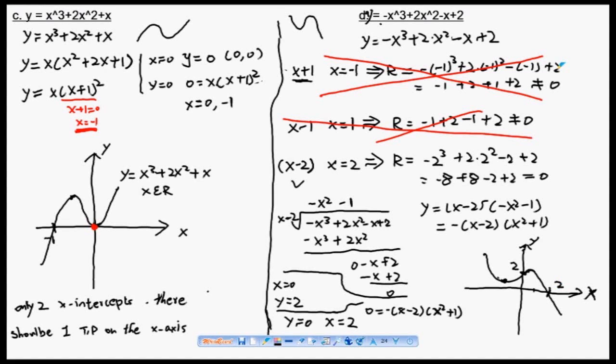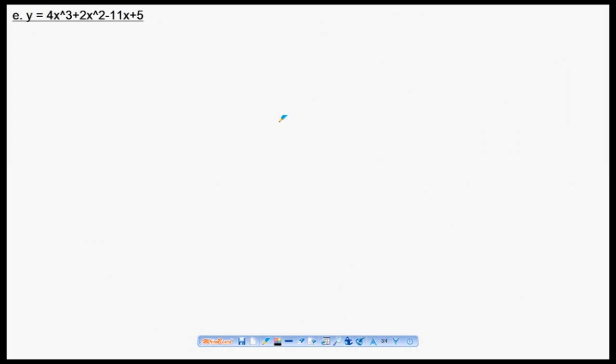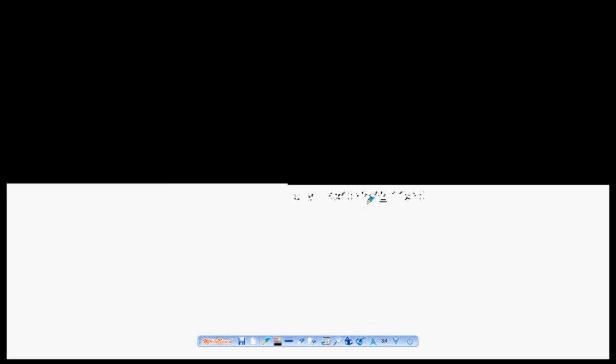But for the math you are learning now, this graph is acceptable. In your year 12 exam, you have to label the turning point. I will show you how to do it in the chapter on differentiation. Now let's look at the next examples.